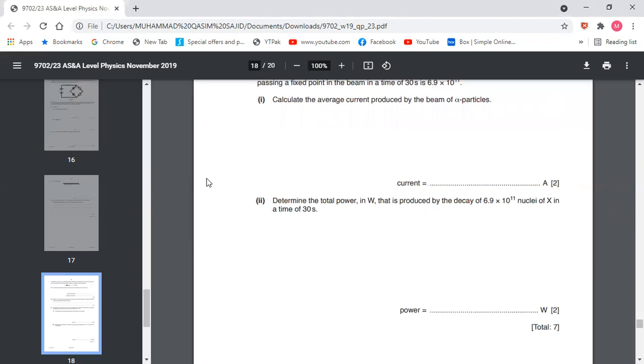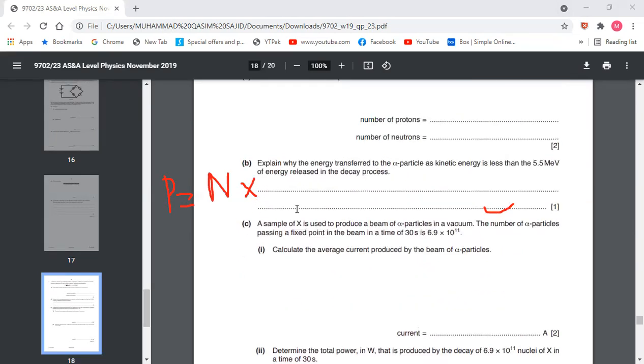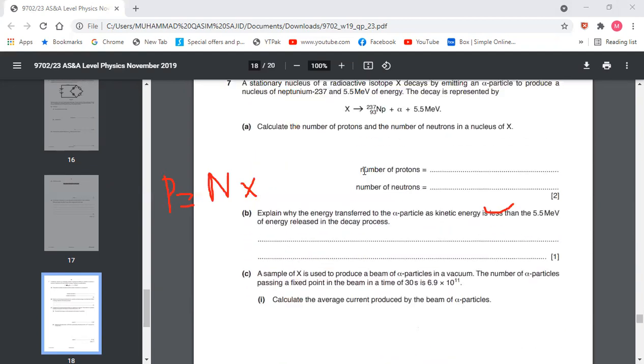No, for this one, the formula is P equals to, I have to write, the 6.9 into 10 to the power 11 basically is the value of N, into the value given here: the energy released is 5.5 mega electron volt.